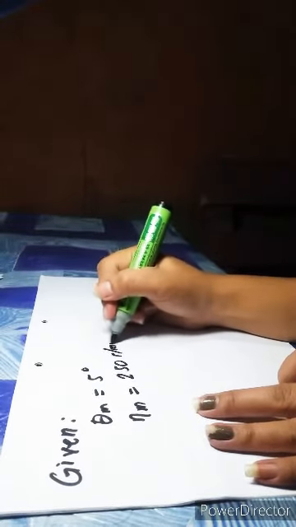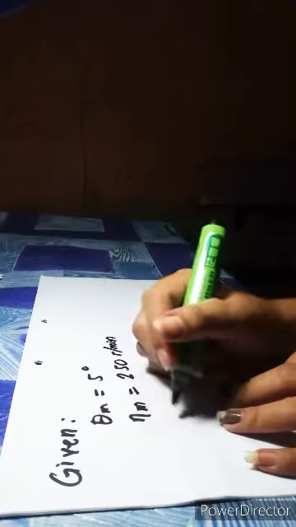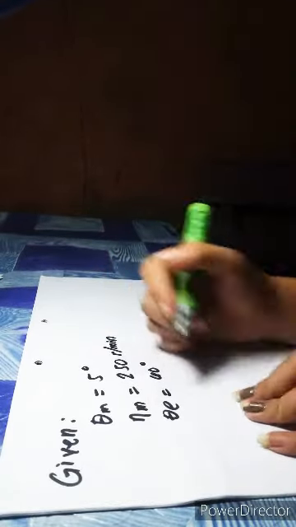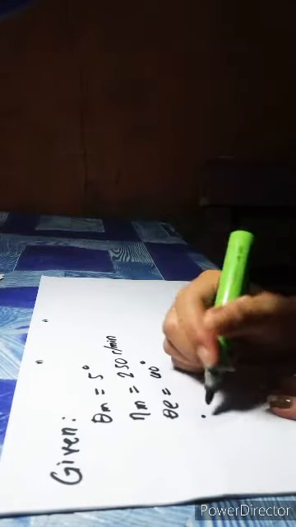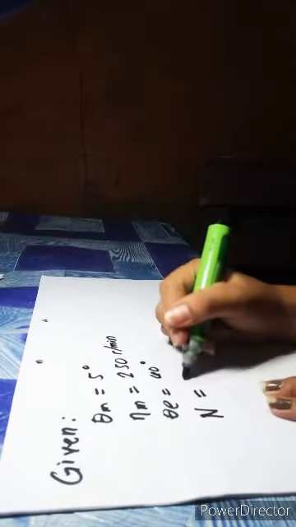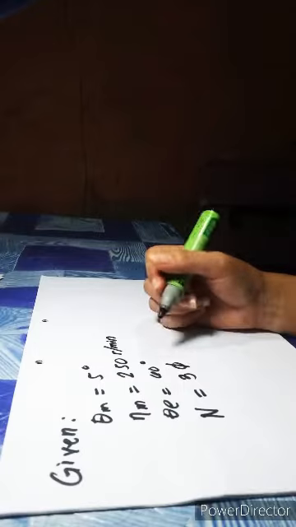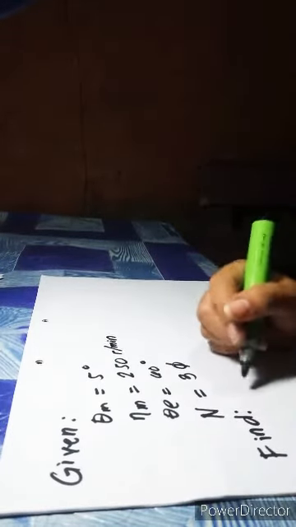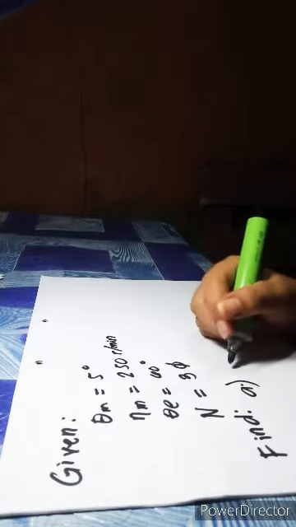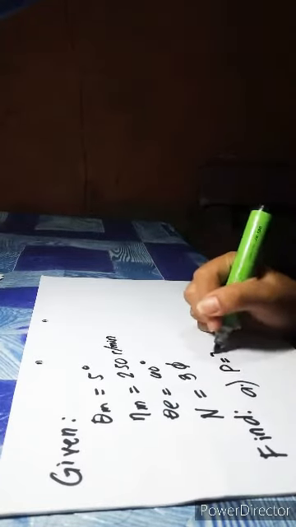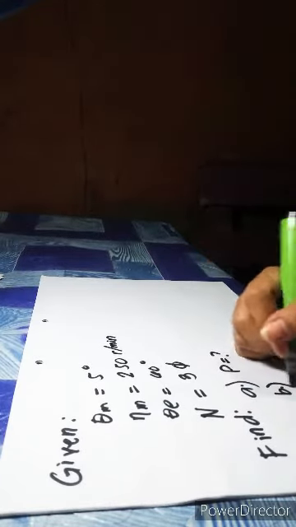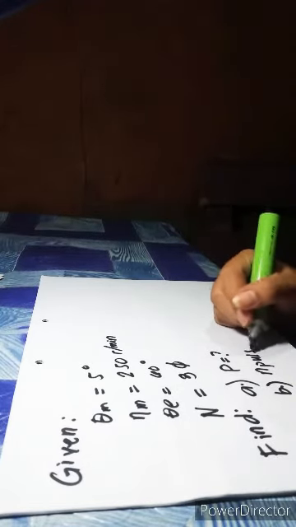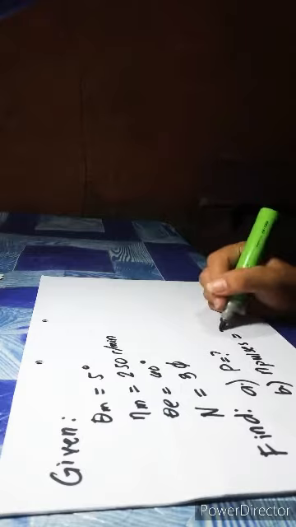We have to find the following: calculate how many poles, and at what rate must control pulses be received in the motor's control unit if it is to be driven at 250 revolutions per minute. Given the following values: mechanical angle of 5 degrees, electrical angle of 60 degrees, and the speed of 250 revolutions per minute.